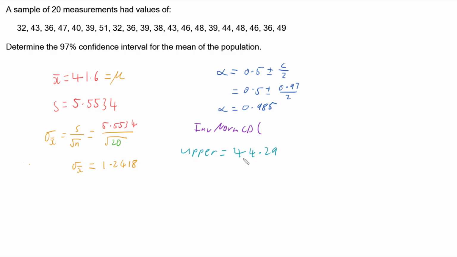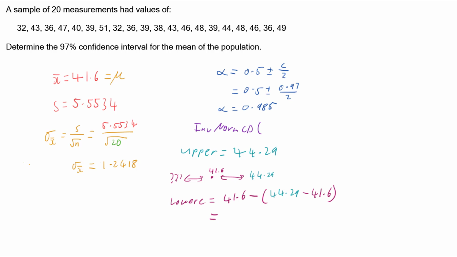And so now we need to work out our lower limit. Now for our lower limit, we have our mean here of 41.6. We have a gap of just under 3 to get to our upper limit of 44.29. We're going to go the same gap down here to get our lower limit. So our lower limit is going to be our mean, 41.6, minus off this gap, which is going to be our upper limit minus our mean.